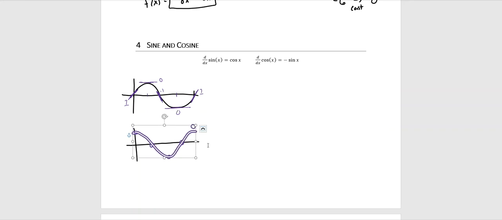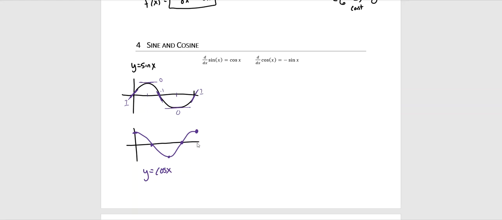Oh, bummer. All right, on this one I have to use my eraser. I can't be fancy and move it like I do in class. There we go. Oh look, that's the cosine function. Yeah, so if we take the sine function and we look at the slopes of the tangent lines, oh my, we get the cosine function.